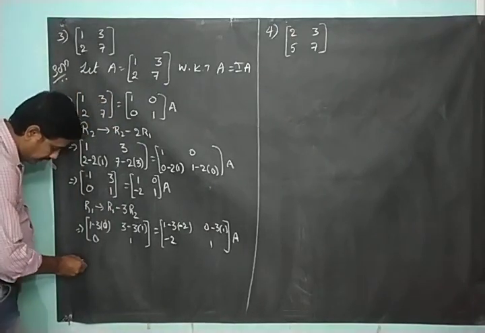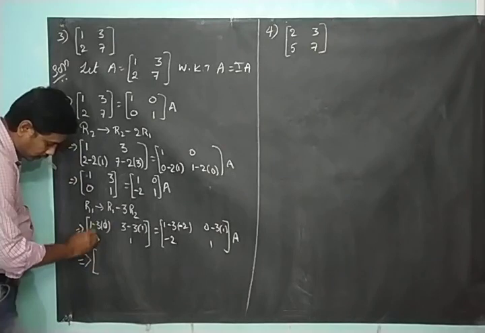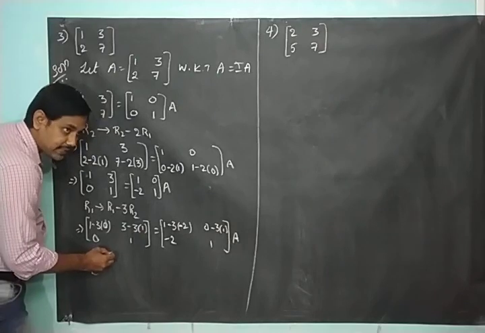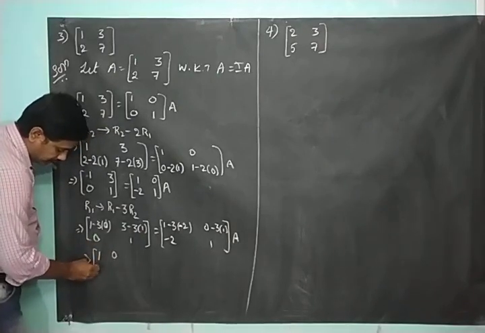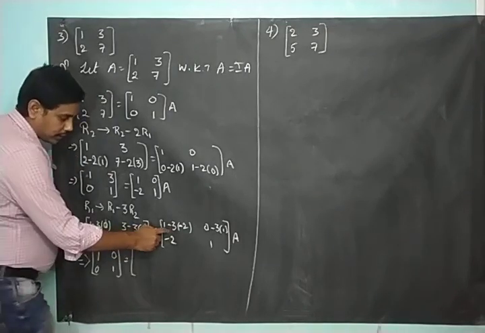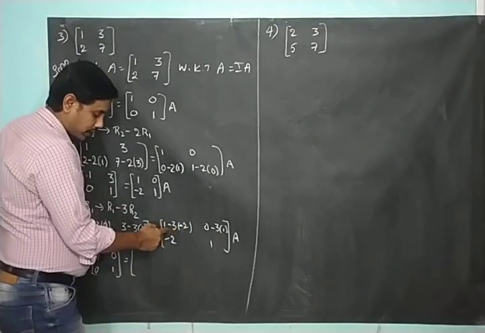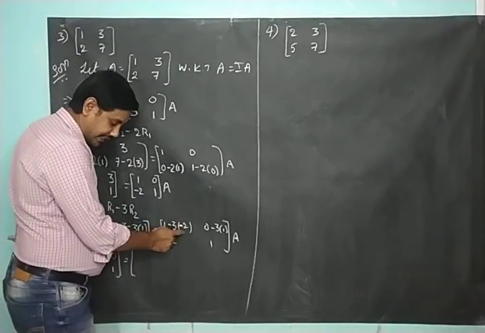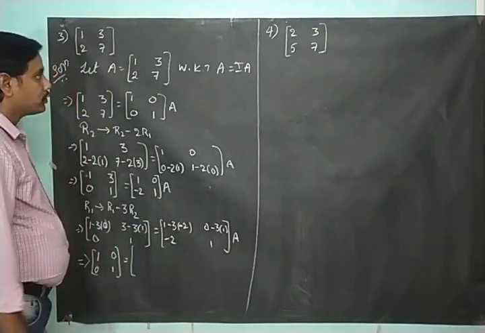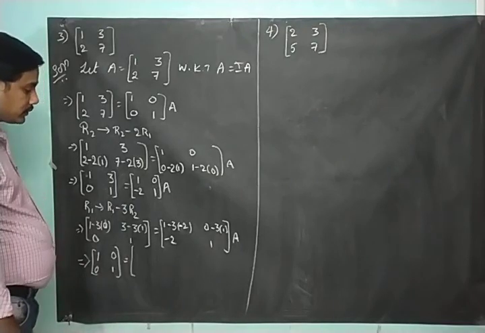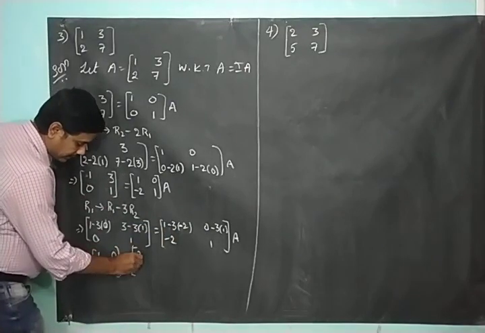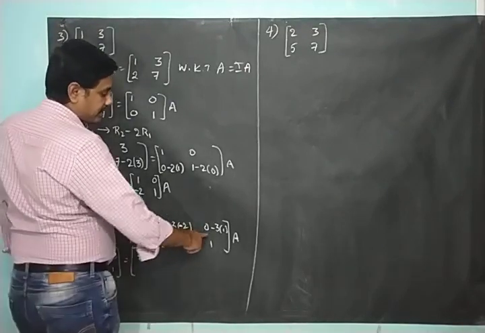Right, so this will be giving me the value 1 minus 3 into 0 is 1, 3 minus 3 into 1, 3 into 1 is 3, 3 minus 3 is 0, this is 0 as it is and 1 as it is. What is this? 1 minus 3 into minus 2 is there. Minus 3 into minus 2 is plus 6. So 1 plus 6 will be 7.